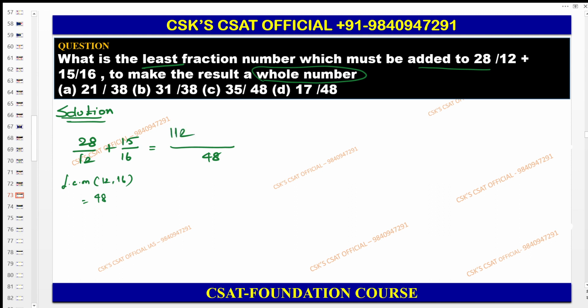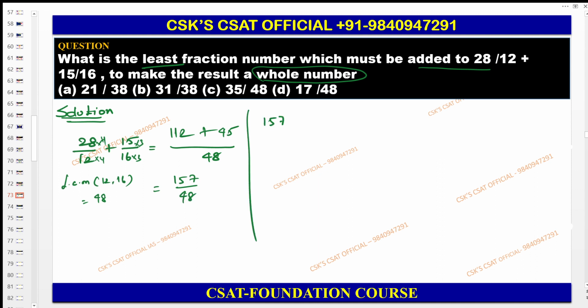So therefore 112. Here, 12 into 4 is 48, so here we have to multiply by 4. Right. For 16, multiply with 3. So therefore here 45. Now it will become 157 by 48. Now this is the question.